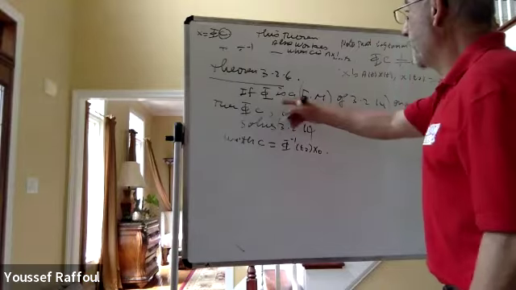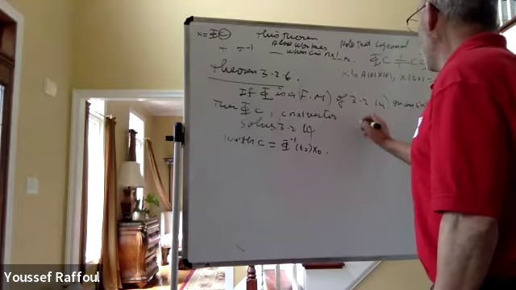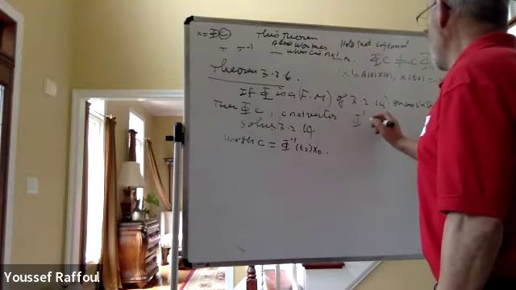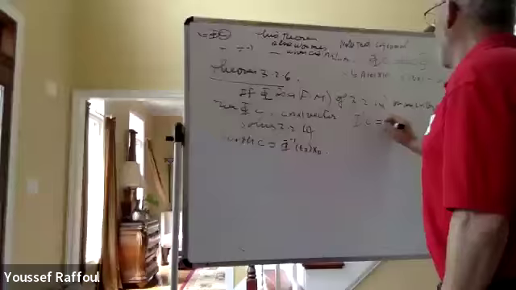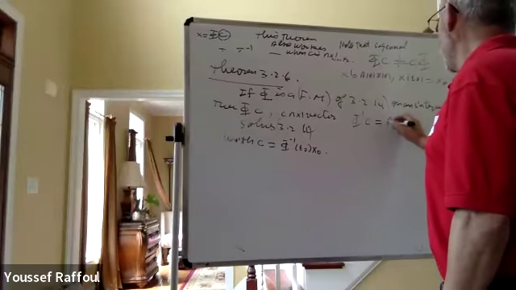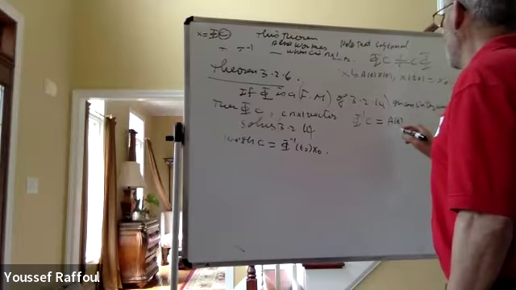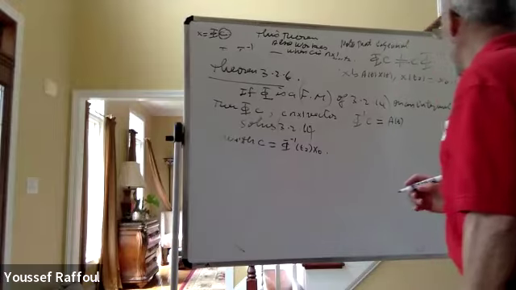If you look here, we'll have phi prime c equal to A(t) x.